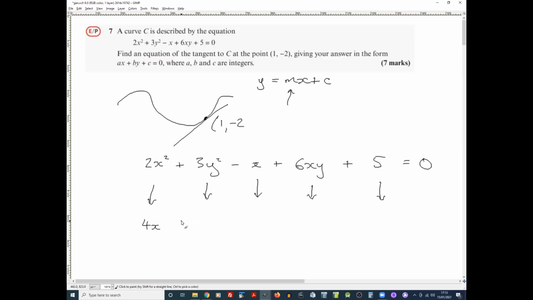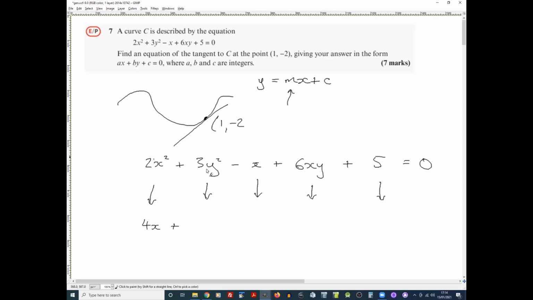Now the 3y squared goes to 6y, but is it just that? There's a bit more. Don't you have to times it by something?